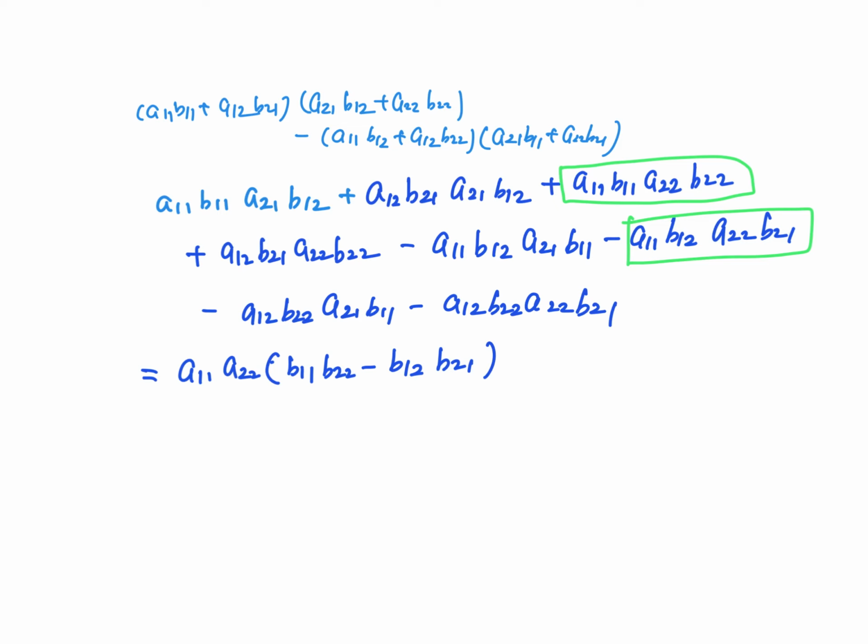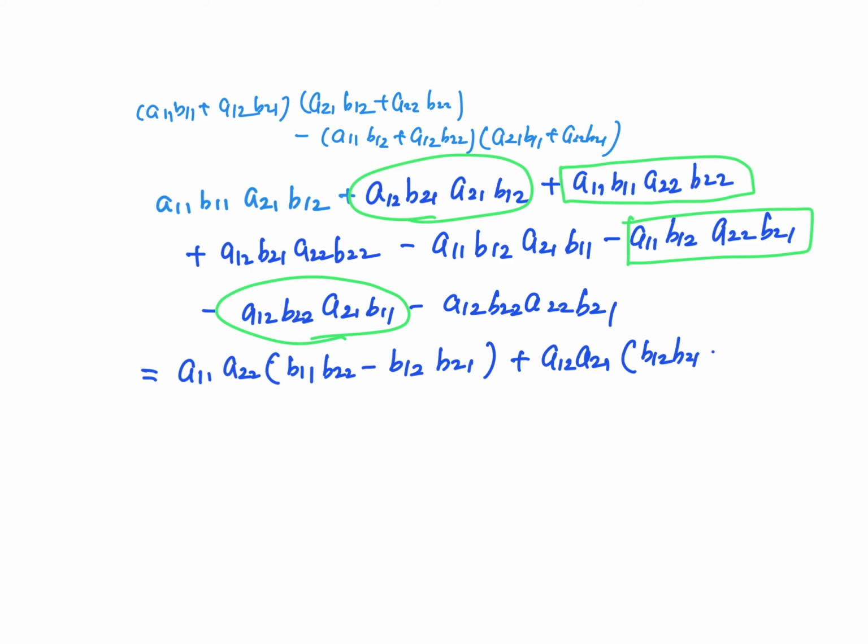Now let's try to find something like this. A12, A21, this. A12, A21, P12, P21 minus A11, P11, P22.